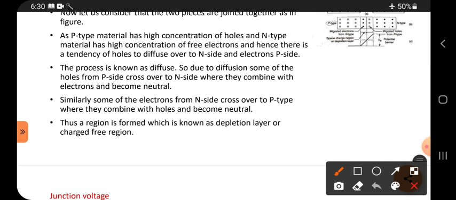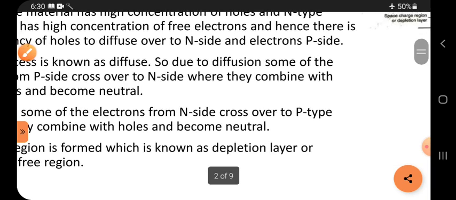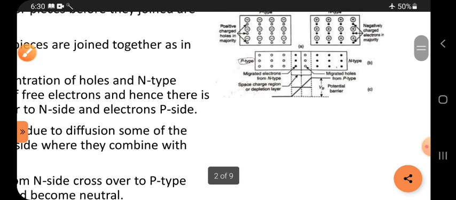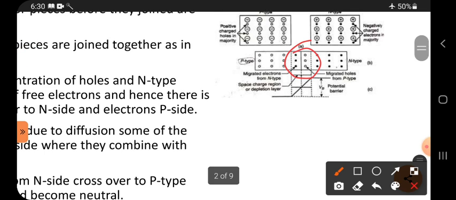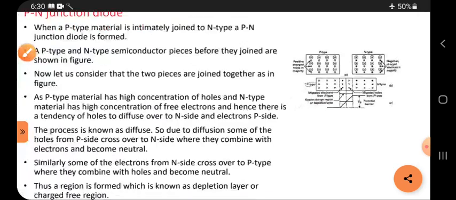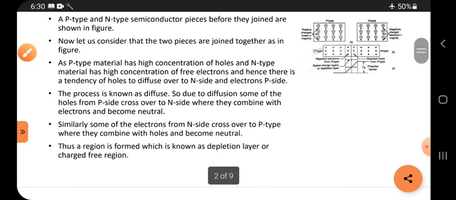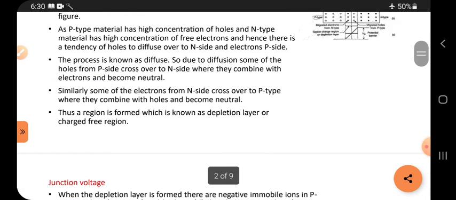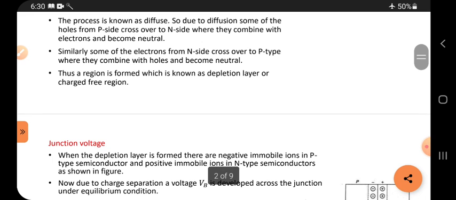So due to diffusion, some of the holes from the P side cross over to the N side where they combine with electrons and become neutral. Because of the diffusion process, these two are combined here, and become neutral.